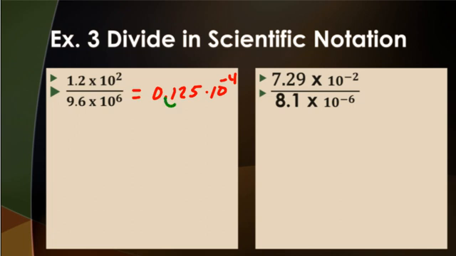I have to move it 1 to the right. So I lost a decimal place. So if I lost a decimal place, I gotta show that I lost it. So I'm subtracting 1. So my answer would be 1.25 times 10, and then negative 4 minus 1 is a negative 5. So I would have an answer of 1.25 times 10 to the negative 5th.